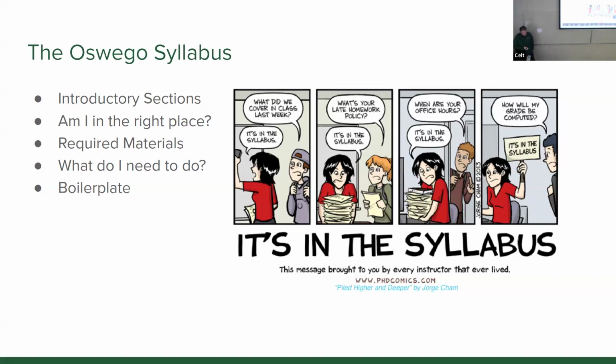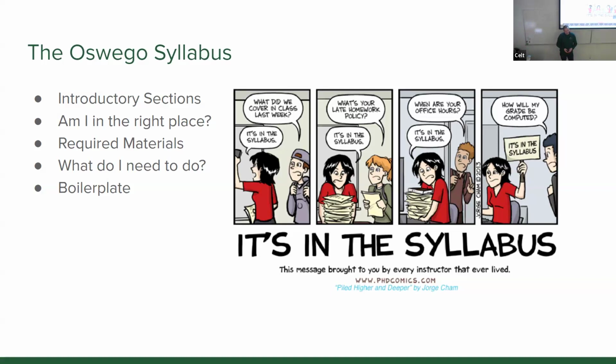The next section I like to call, am I in the right place? This is basically your course summary and those course objectives that we just talked about. The course summary is simply a high-level explanation of what you expect to be covering in the course.